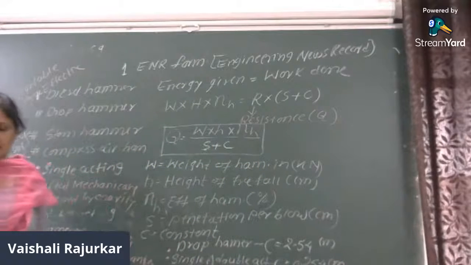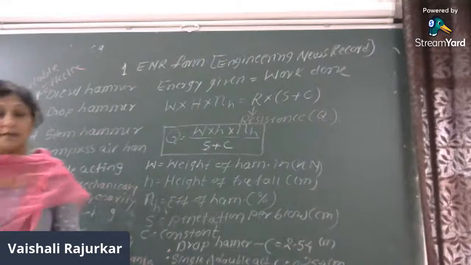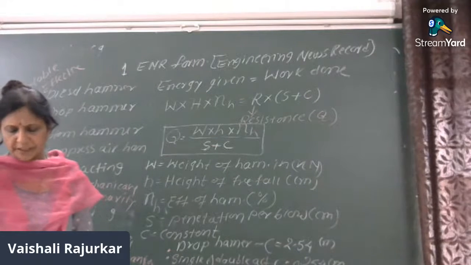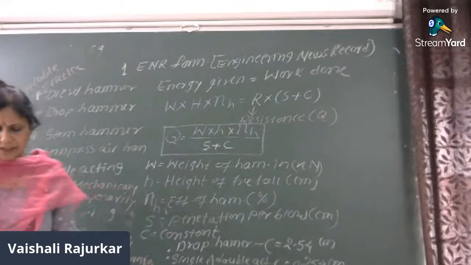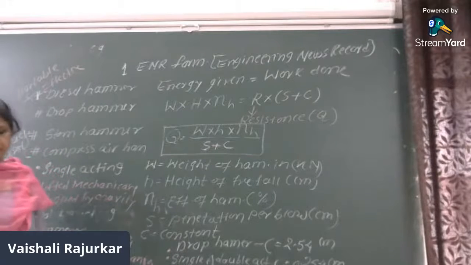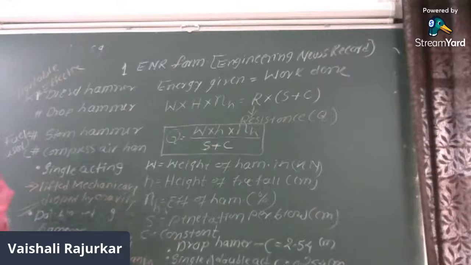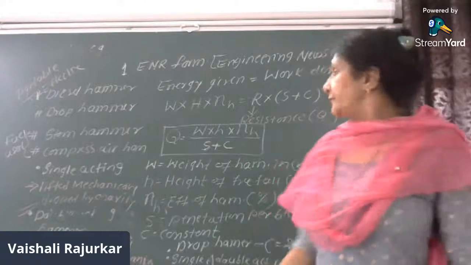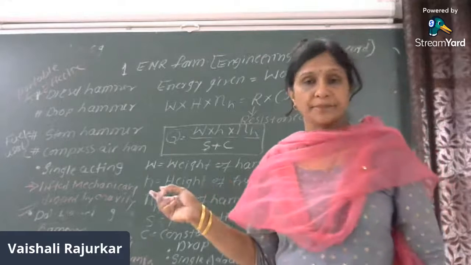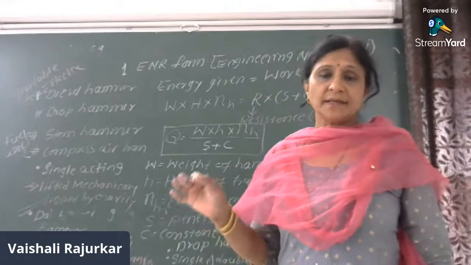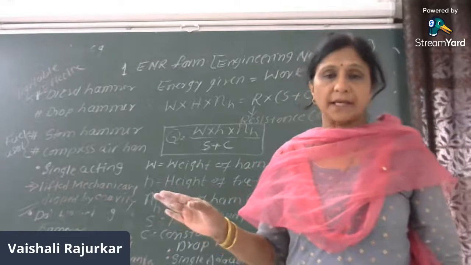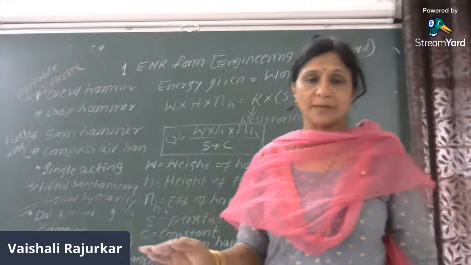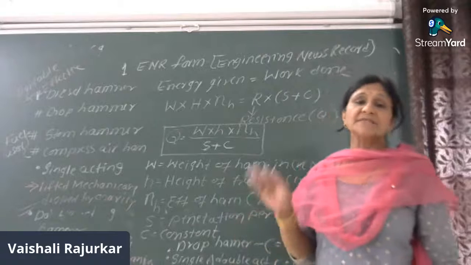This formula is called the ENR formula, which is the Engineering News Record formula. In this type of equation, the efficiency of the hammer is taken, but the efficiency of the hammer blow is not taken into consideration, so the method is very approximate.